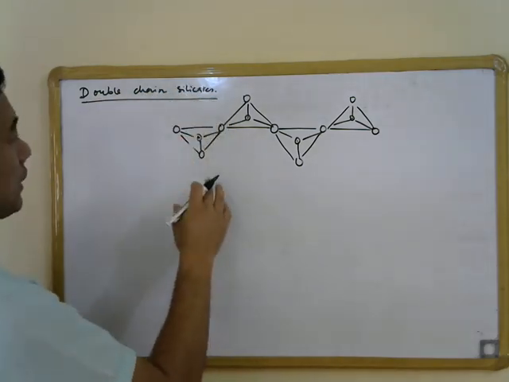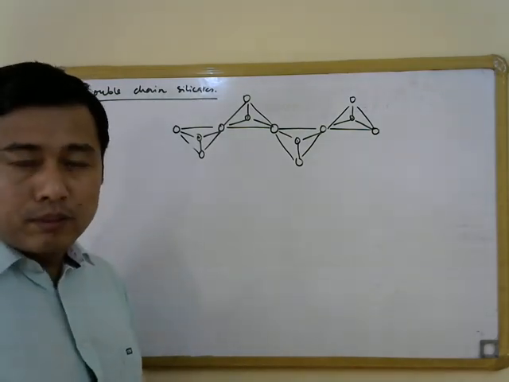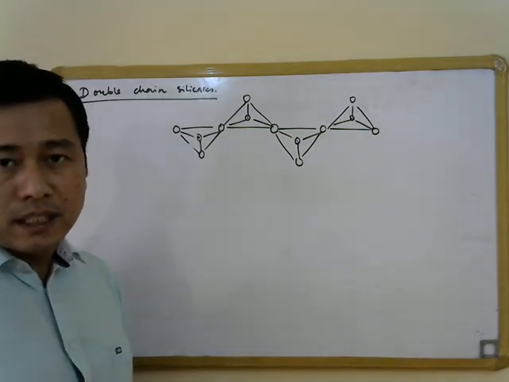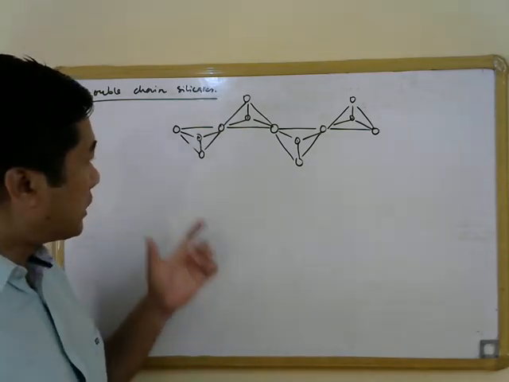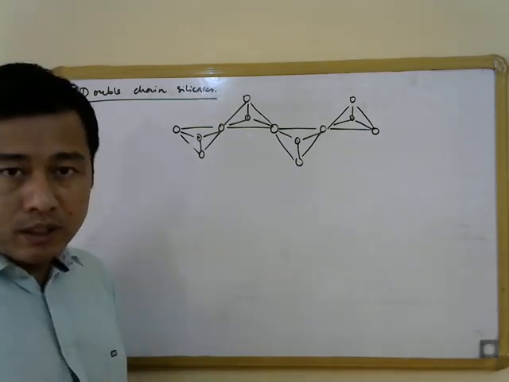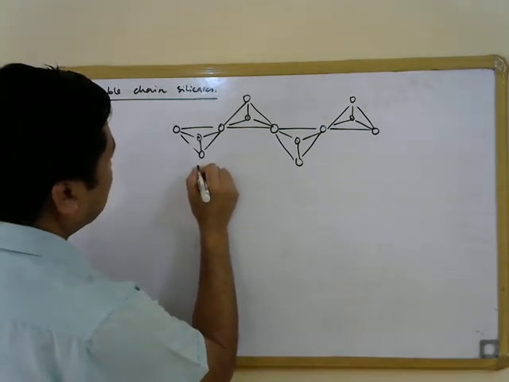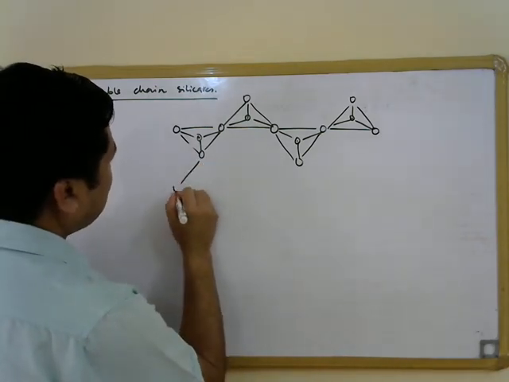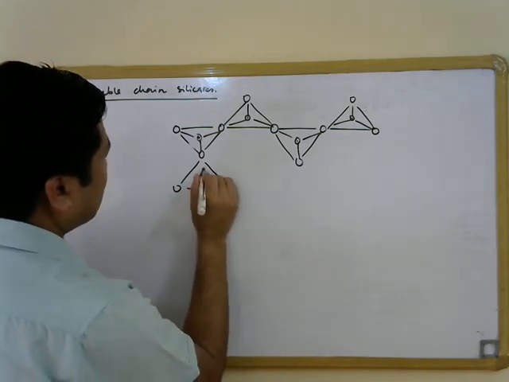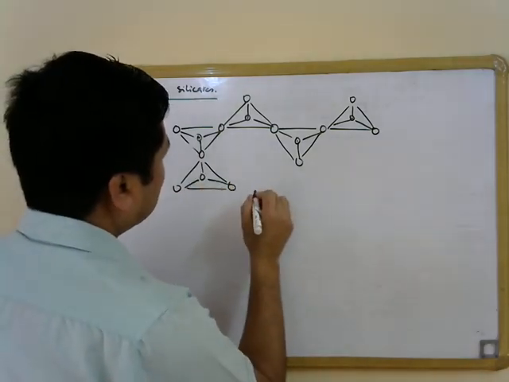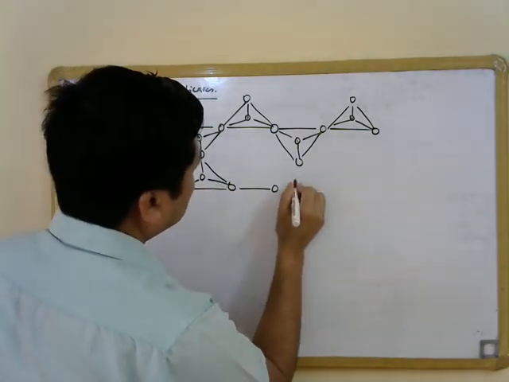So these two individual chain silicates can get joined together by sharing of oxygen atoms, and that will lead to formation of a double chain. So we can draw the structure of such double chains here. Let us draw the structure of a double chain silicate.